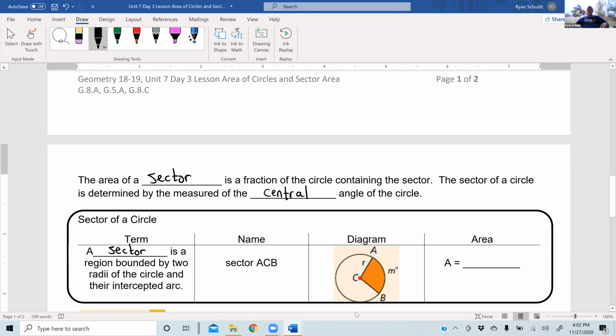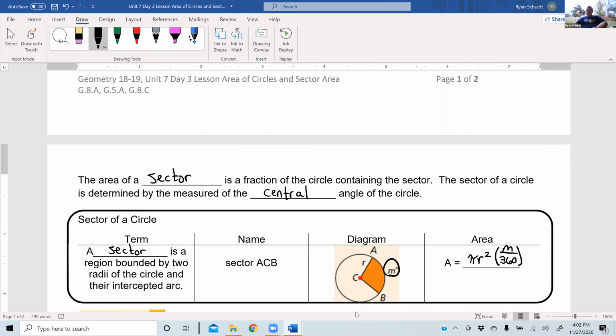That's a sector. To find the area is similar to a normal circle, pi r squared. But do I want the whole circle? No, I only want m degrees. So m over, how many total degrees are in a circle? 360.